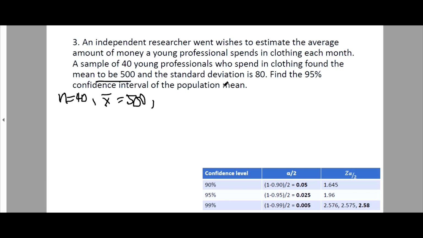And the standard deviation is 80. So take note, this standard deviation is not the population standard deviation. This refers to the 40 young professionals, so the sample. So meaning this is S.